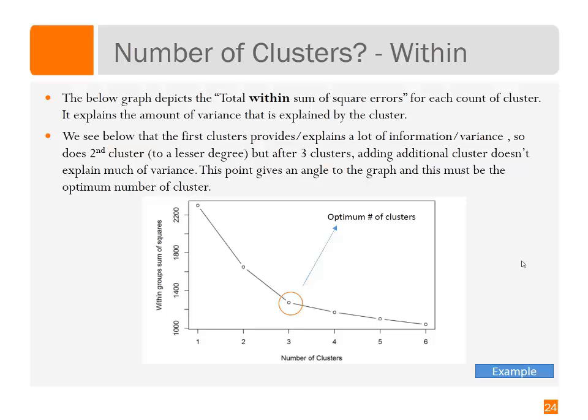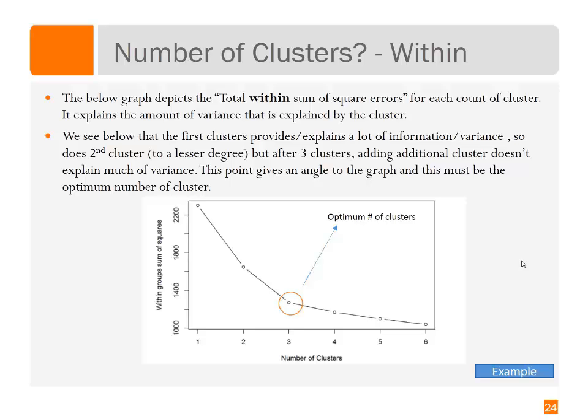So does the second cluster. So we're still doing quite a bit of work there. There's quite a bit of difference between what we see in 1 and 2. When we get to 3 clusters, we can tell that 3 clusters is doing quite a bit of work as well. But then when we start looking at 4, 5, and 6, we can tell that adding that 4th cluster, 5th cluster, or 6th cluster doesn't explain much of our variance.